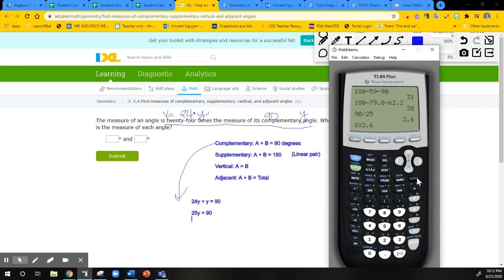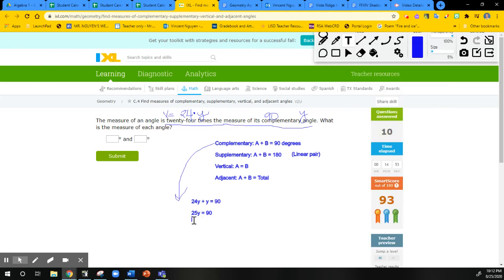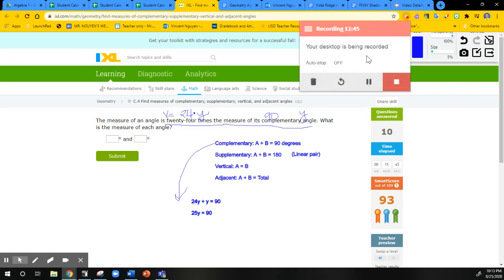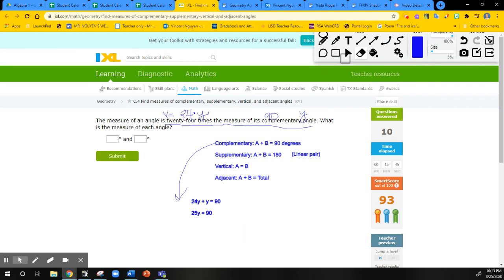I'm going to type it in here. y is equal to 3.6.